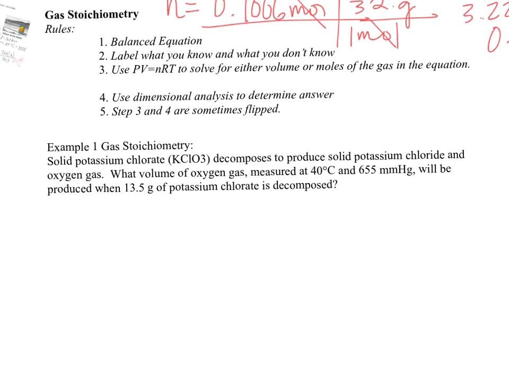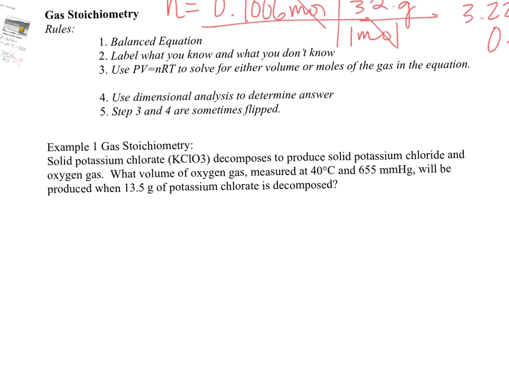Okay, so we've got 2 problems left. So we are back to stoichiometry, which is kind of nice because we have the final coming up and we haven't done a lot of stoichiometry lately. Although it's gas stoichiometry, it's going to get you thinking in that dimensional analysis frame of mind again. First thing you always want to make sure is you have a balanced equation. Label what you know and what you don't know.